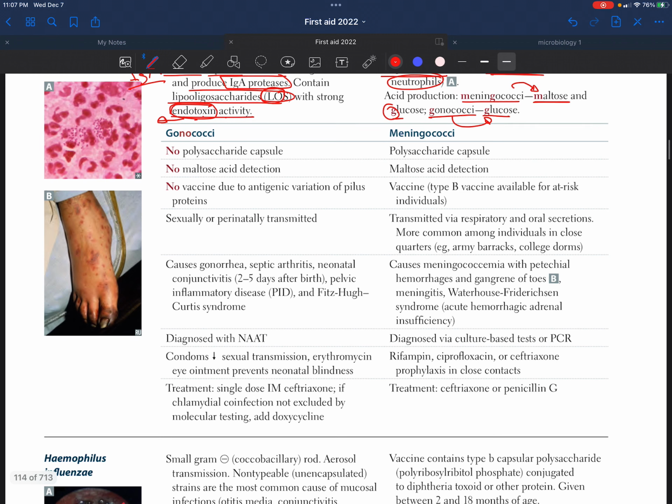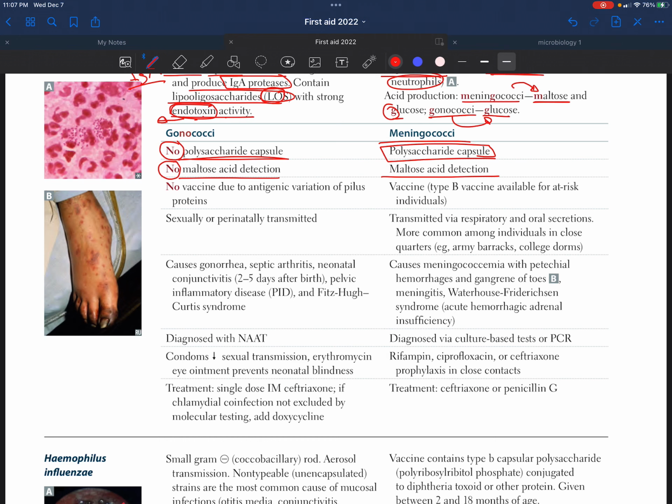The gonococci do not have a polysaccharide capsule that prevents phagocytosis, while meningococci do have a polysaccharide capsule preventing phagocytosis. The gonococci does not have maltose acid detection because it does not ferment maltose in the first place, while the meningococci do ferment maltose. So we can see there is a maltose acid if we detect it.